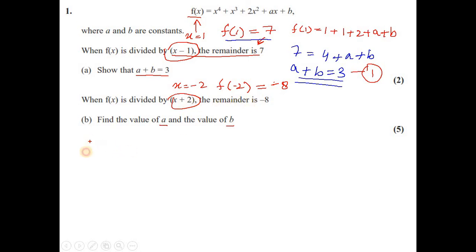We can say f(minus 2), and you replace every x in the given function with minus 2.